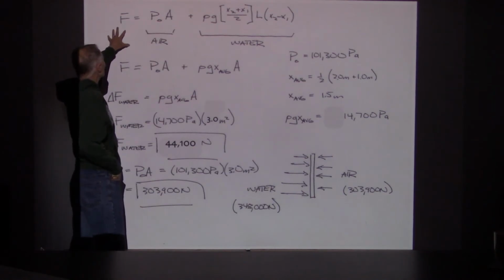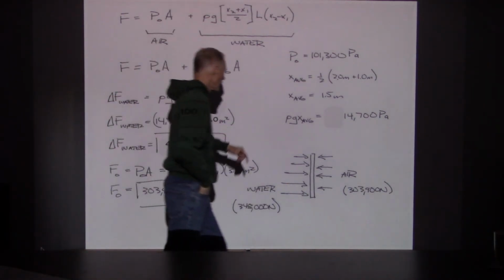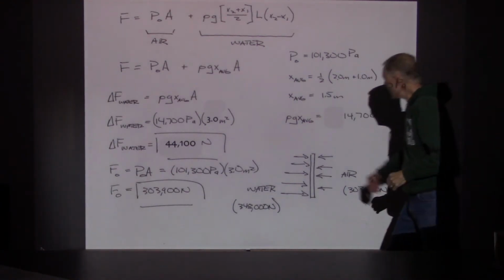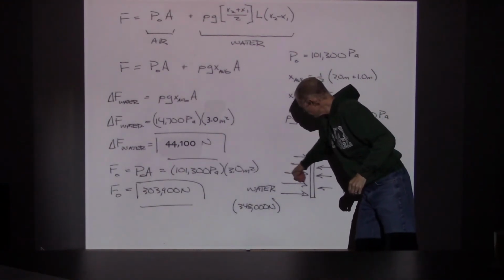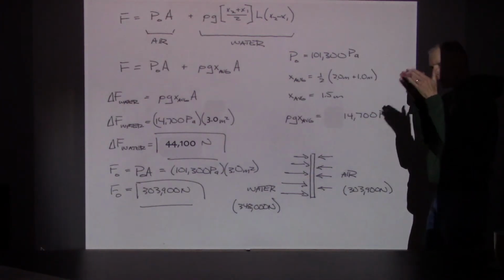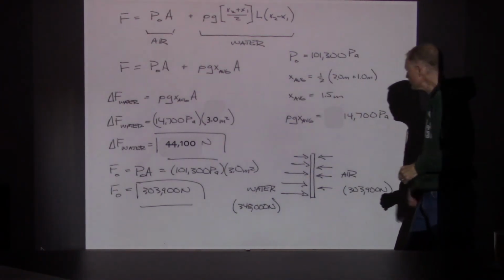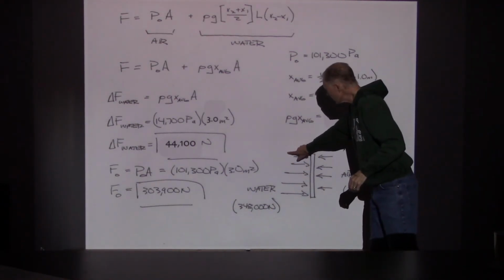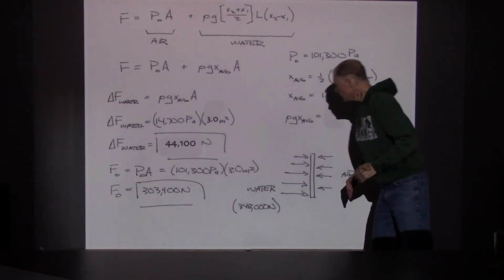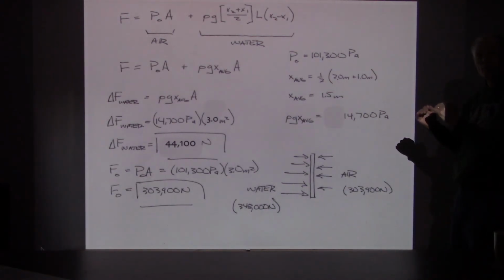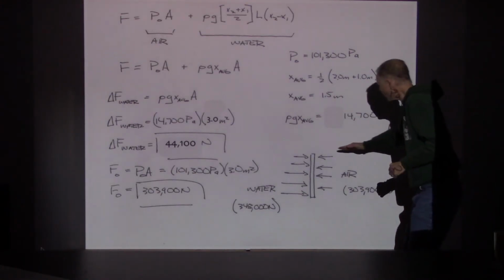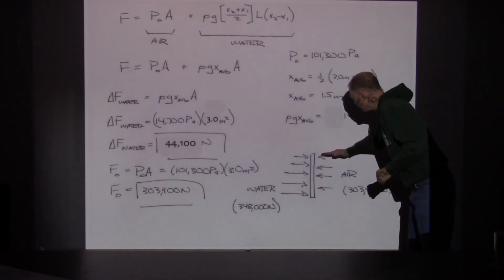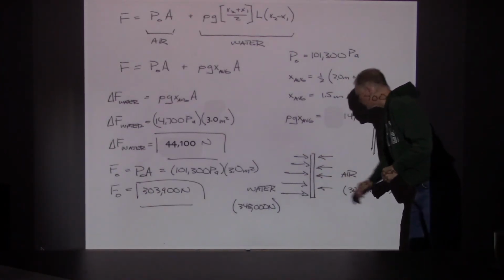Now I rewrote this. I said that the force acting on that window, and here's the window right here. So this is a side view of that window. And what's happening is there's water pushing against it. Now remember, the force of the water is perpendicular to the surface, and the pressure is going to be increasing. So if I think of this as dF, dF, dF, dF, dF, the dFs are getting bigger on the water side. Now on the other side, I've got air, and there's going to be a dF, dF, dF, dF from the air.